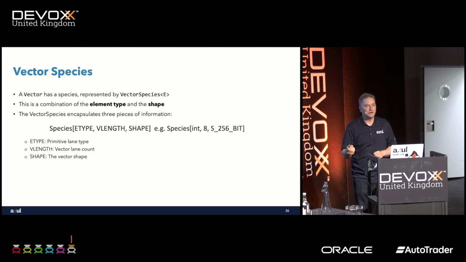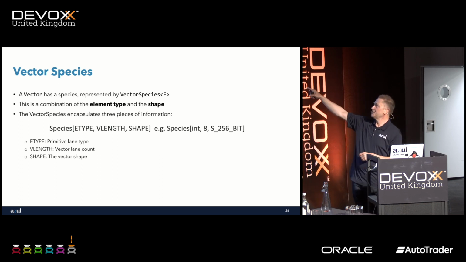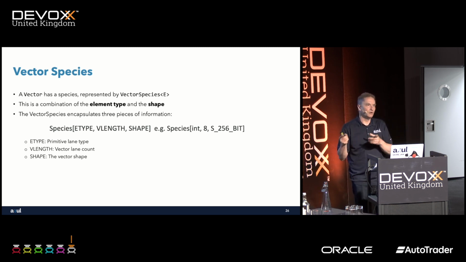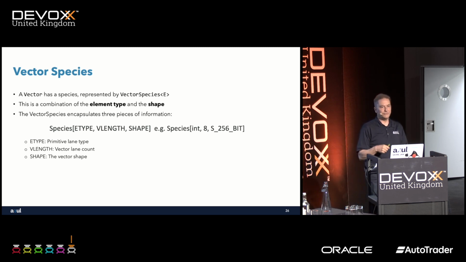Three values are the type that's being stored in it, so int or float or whatever, primitive type in the lane, the number of lanes, which in this example is 8, and the size of the register, 256 bits. So it gives you all the information about what we're using in terms of that particular vector. So the vector species, where we've got a particular register, and then we're storing ints in it.